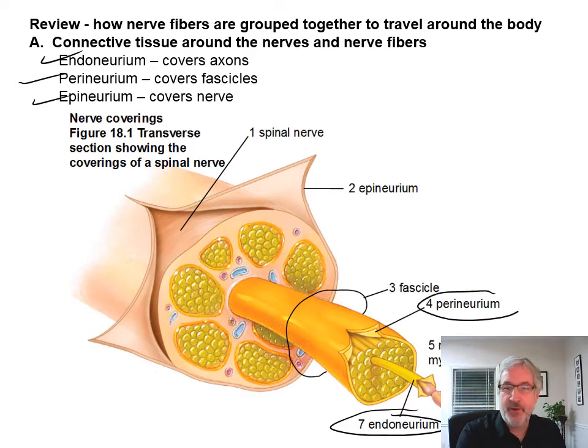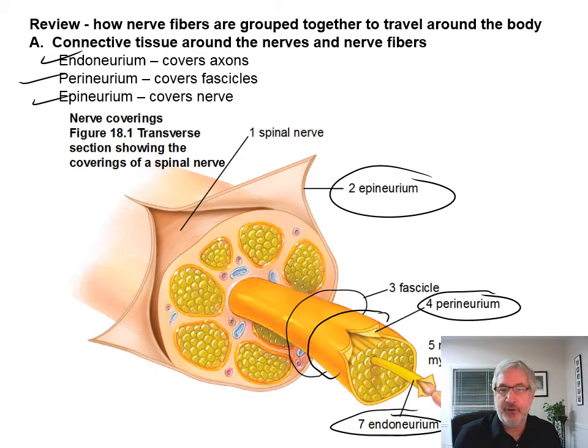The perineurium wraps around the fascicle, and the epineurium wraps around the entire nerve. So it wraps around a whole bundle of fascicles, and each fascicle is a bundle of myelinated axons, and each axon is wrapped by the endoneurium. Those are all connective tissue coverings in the nerve.